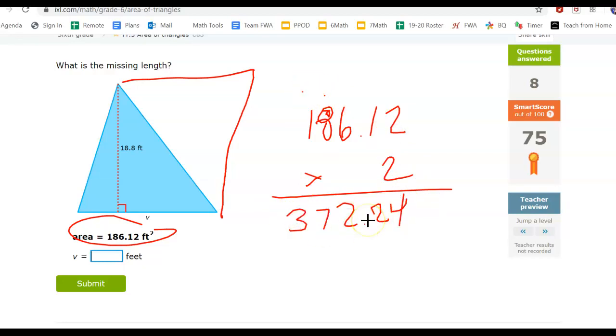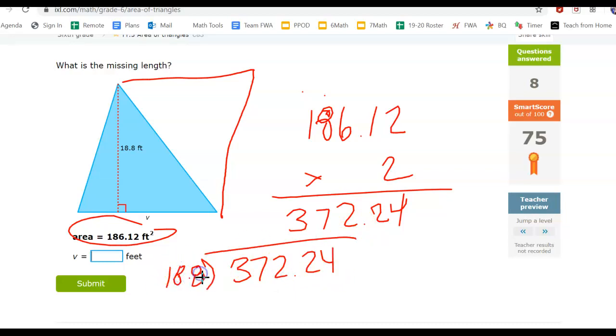And so I know that the area of this whole thing would be 372.24, and then I divide that by 18.8. And I'm actually going to use my calculator on that one. And I got 19.8. So my answer should be 19.8.